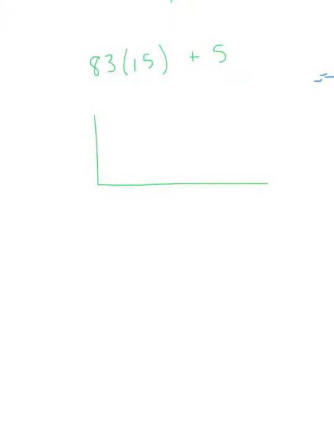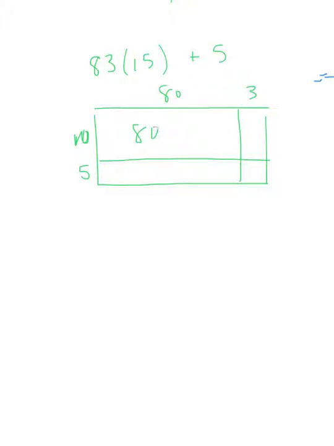So if we use area model, so 80 tens is 800. 10 threes is 30. 5 threes is 15. 5 80s is 400.